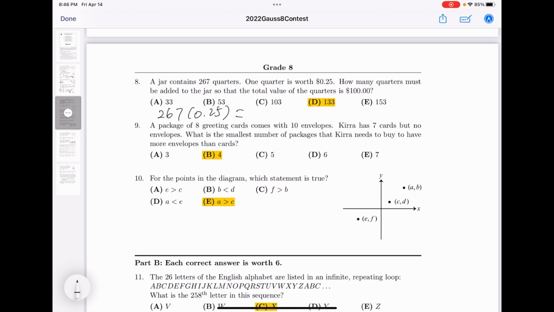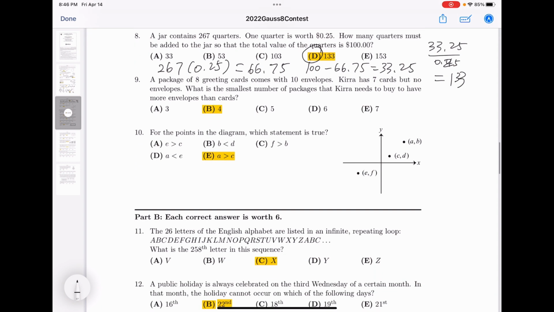Therefore, we already have $66.75 in the jar. And if we deduct that from $100, we would get 33.25. And if we divide 33.25 by 0.25, that would give us 133 quarters. Therefore, the answer is D.